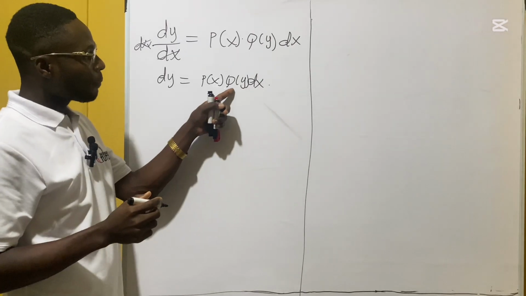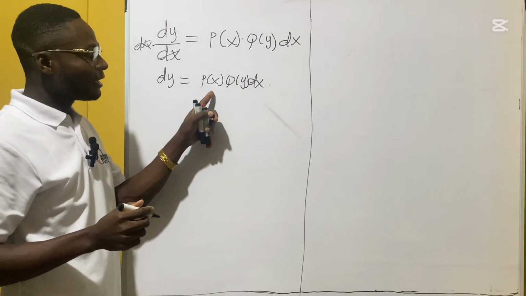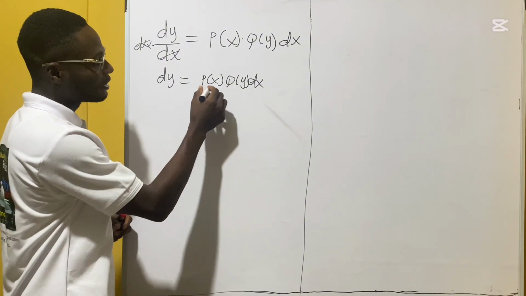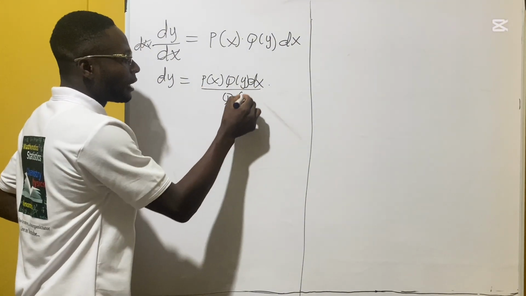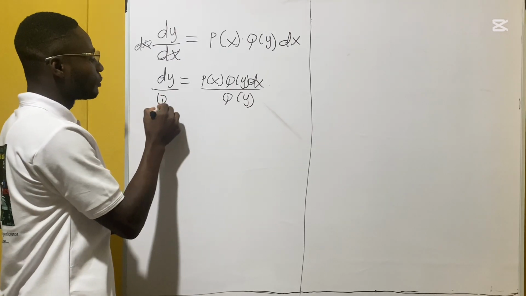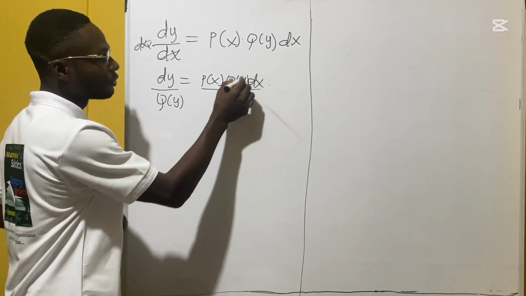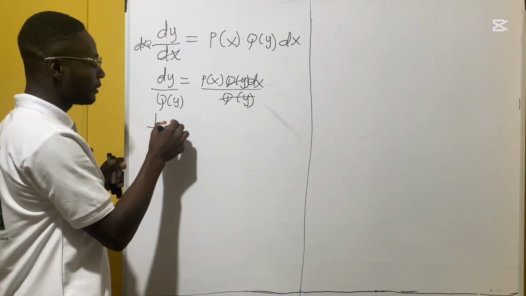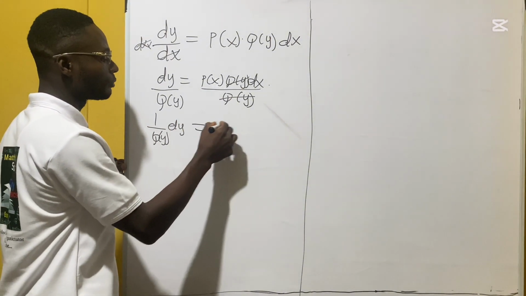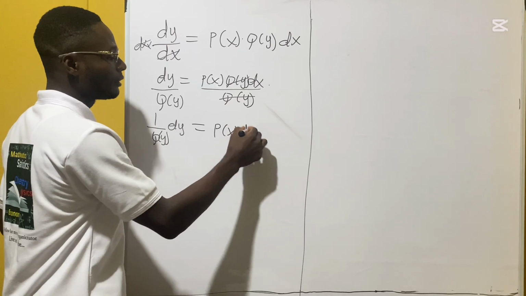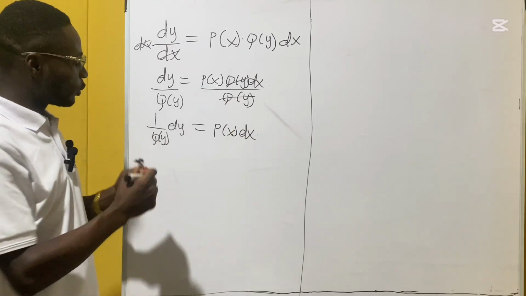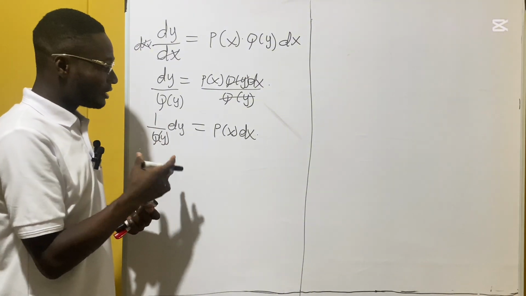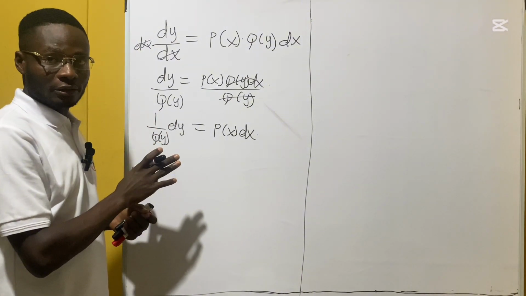Here, we still have q of y in the midst of x, so we divide both sides by q of y. So this goes off, and we have 1 over q of y dy equal to p of x dx. Here we have been able to separate the variables perfectly.